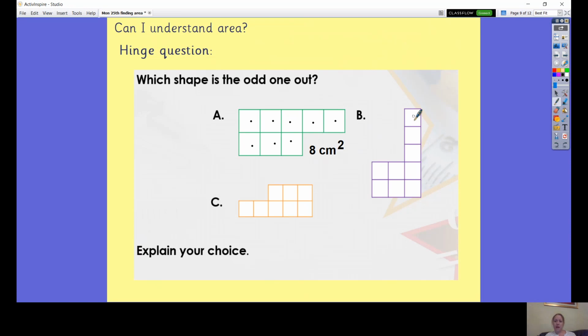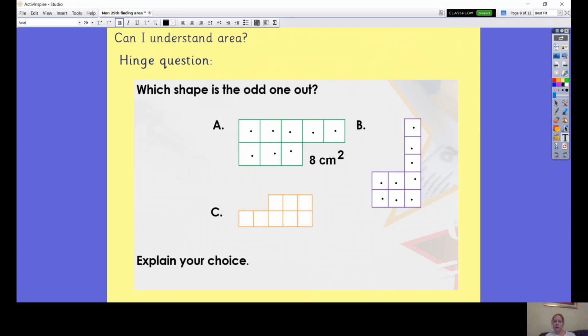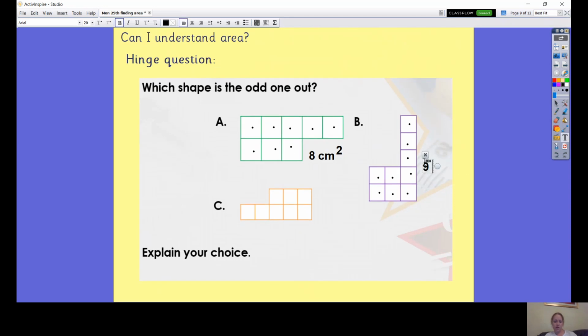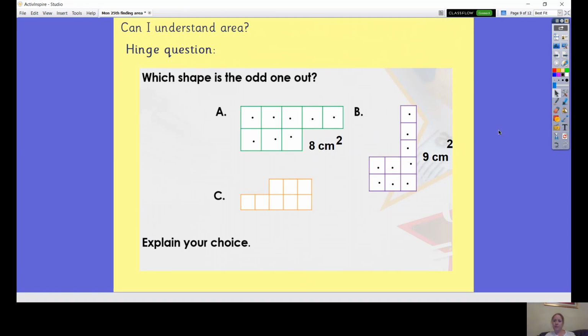Then B has an area, imagining that they're 1 centimetre squares again, 1, 2, 3, 4, 5, 6, 7, 8, 9. So that one has an area of 9 centimetres squared.